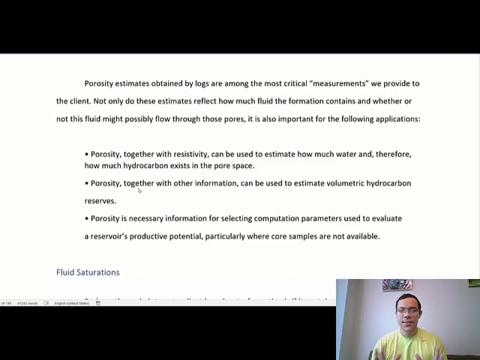So that is a distinction I want to make clear. Whenever you're talking about porosity, remember that void space, and always bear in mind that you have to consider whether we're talking about absolute porosity or effective porosity.